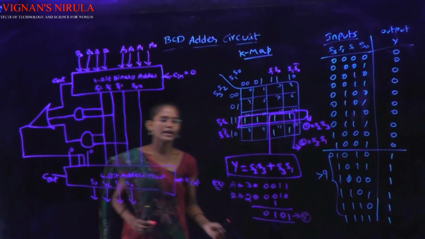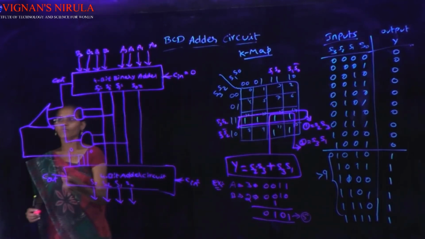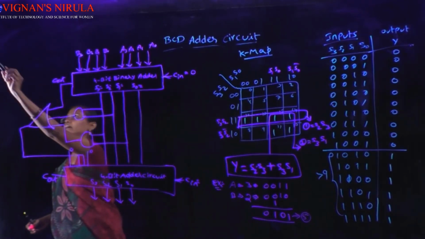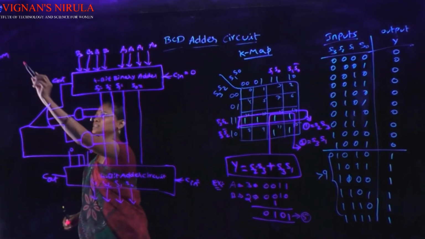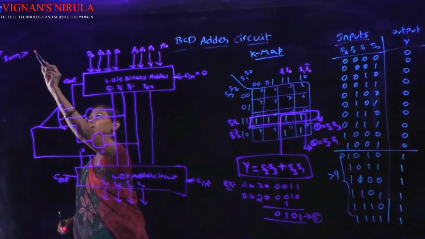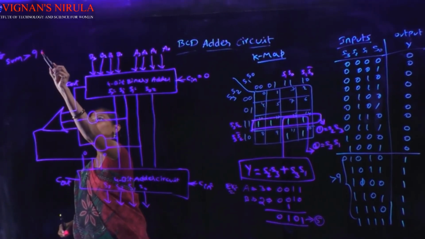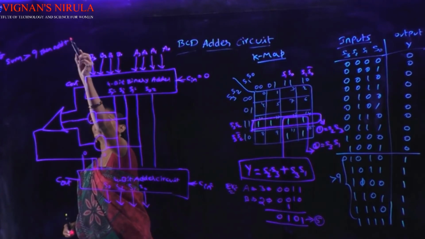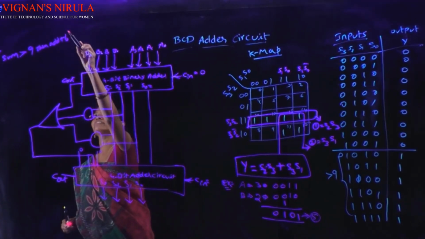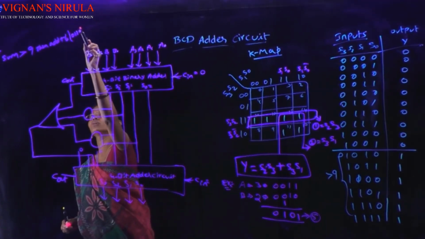In BCD addition, what are the steps? If the sum is greater than 9, then add plus 6 in binary form, 0 1 1 0.